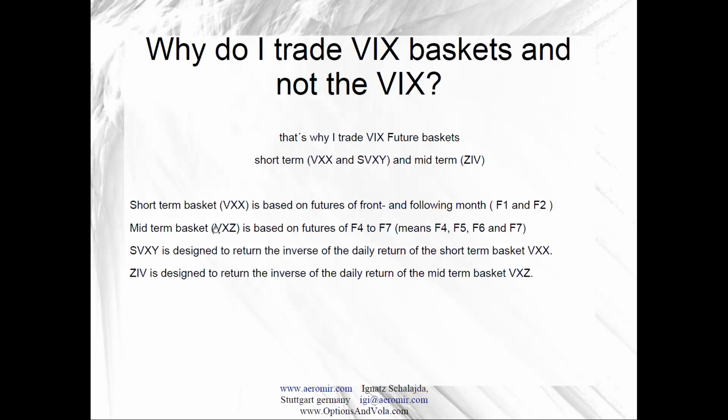And the midterm basket VXZ, as you see here, the Z for midterm, is based on futures of F4 to F7, meaning F4, F5, F6, and F7. SVXY is simply spoken the opposite of the VXX. If SVXY is going to the upside, VXX is going down to the downside, and same for VXZ and ZIV.